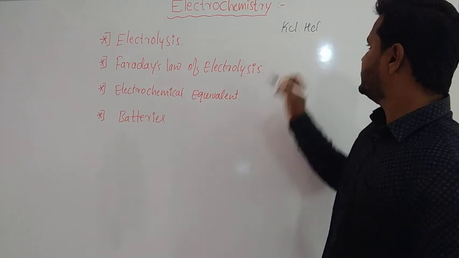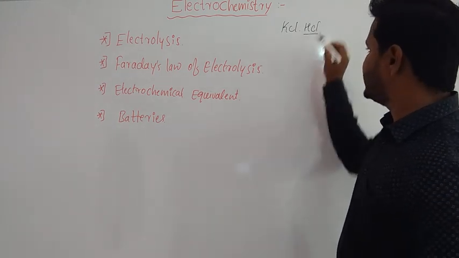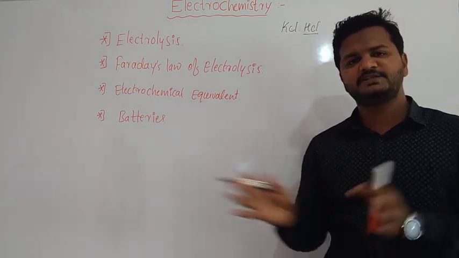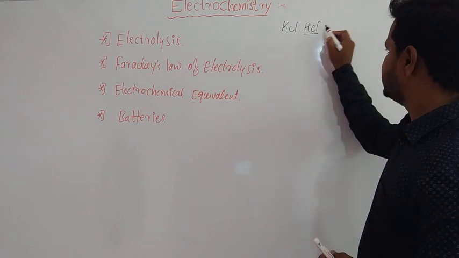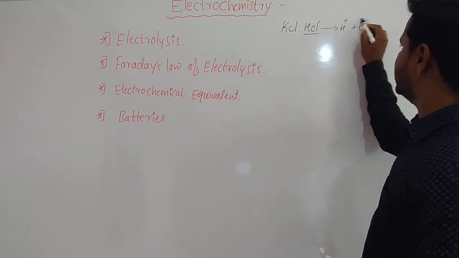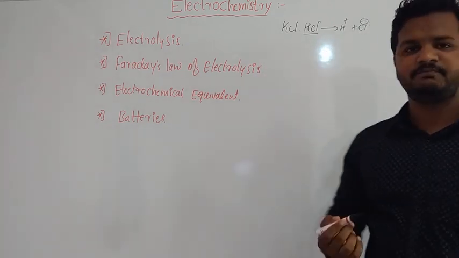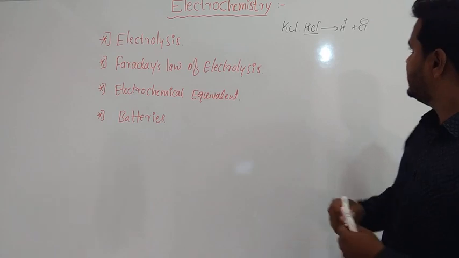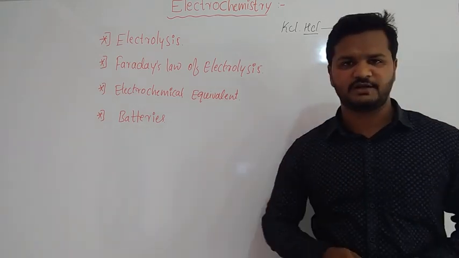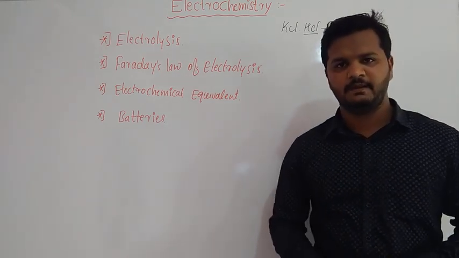Take HCl: when you pass electricity through HCl, it splits into ions, H+ and Cl-. Here H+ is a cation and Cl- is an anion. Hydrogen loses one electron and chlorine gains one electron, and they become a cation and an anion respectively.